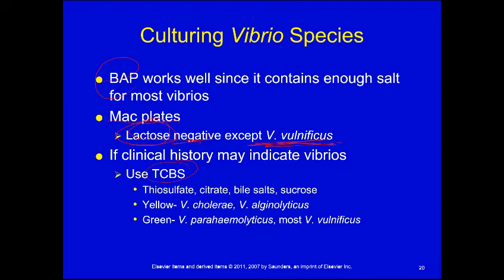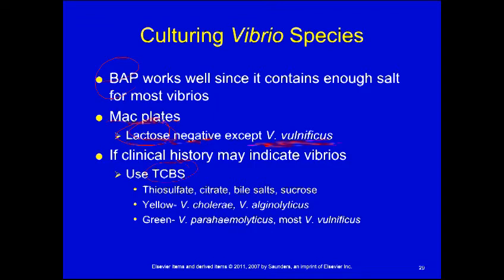Now, you can identify if it is Vibrio cholerae or V. alginolyticus if the TCBS turns yellow. Ulit. V. cholerae, V. alginolyticus if the TCBS turns yellow. If the TCBS is green, then most likely you have isolated V. parahaemolyticus and most V. vulnificus.